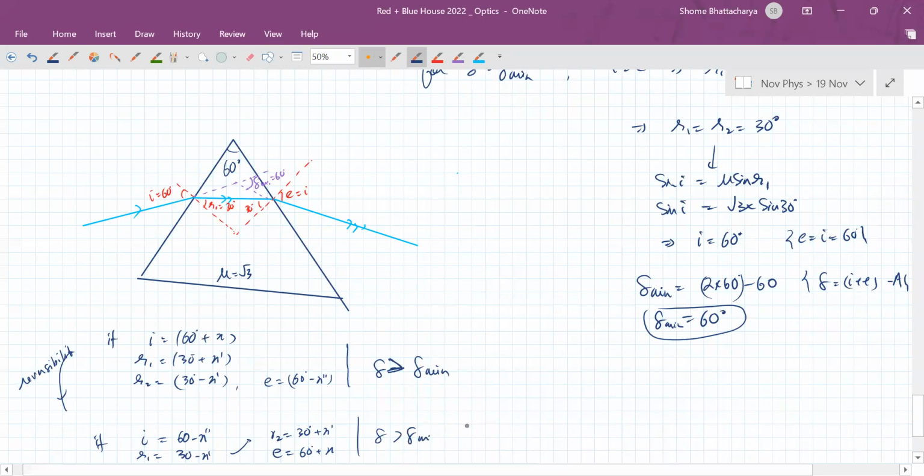Now, what is the limiting situation? Since we are decreasing the angle of incidence, the angle of emergence is increasing. So the limiting situation will either correspond to the maximum value of E possible, which is E tending to 90 degrees, which is a grazing emergence.